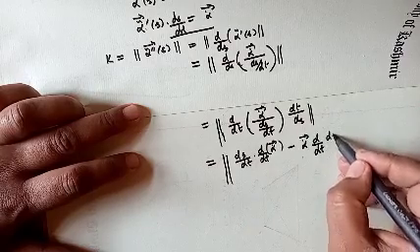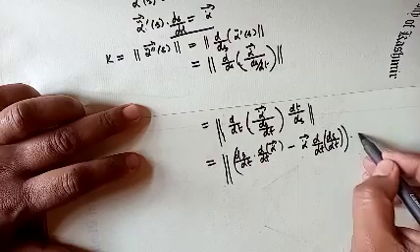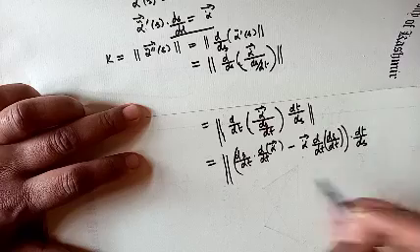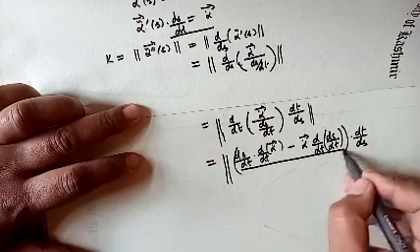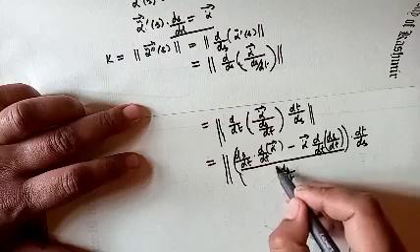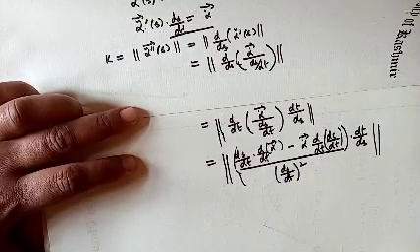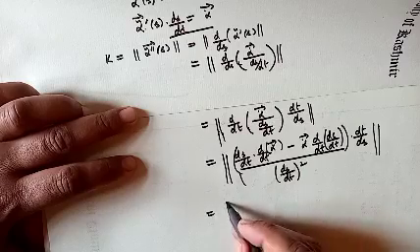So it is d by dt of ds by dt, and this whole thing is multiplied by dt by ds here, and of course we have to divide by the square of ds by dt, which is just the quotient rule of differentiation.